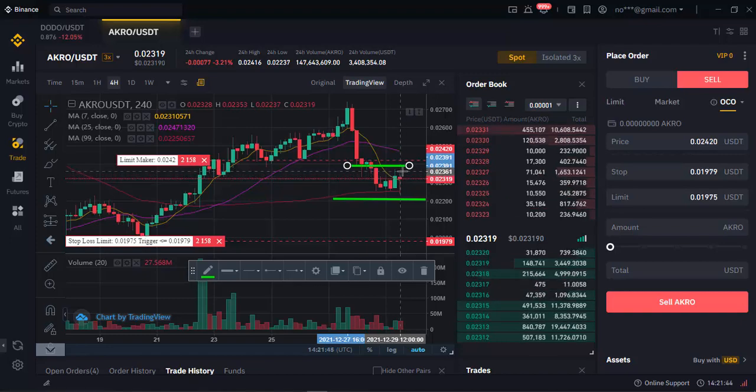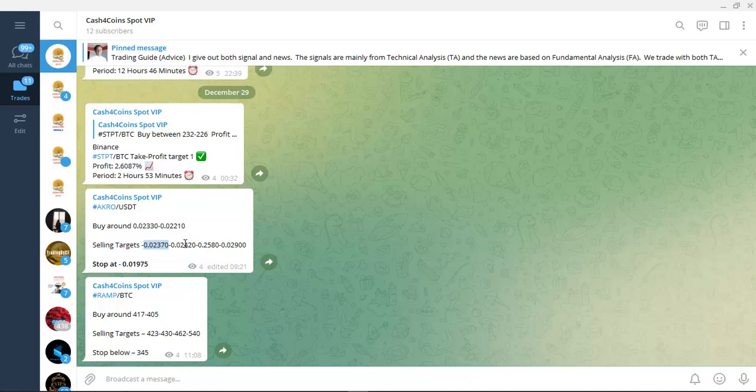If the market now doesn't reach your second target and falls back, it will execute here. Or you can extend this to target a higher profit by putting either this third profit price or the fourth profit price. I hope it's clear.